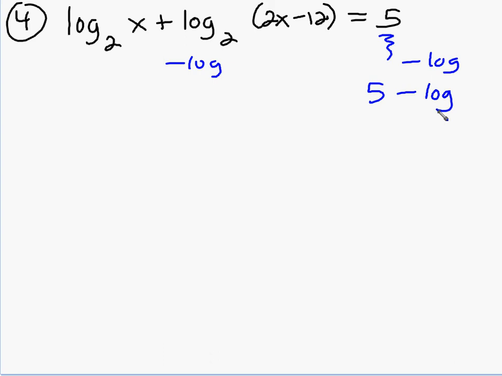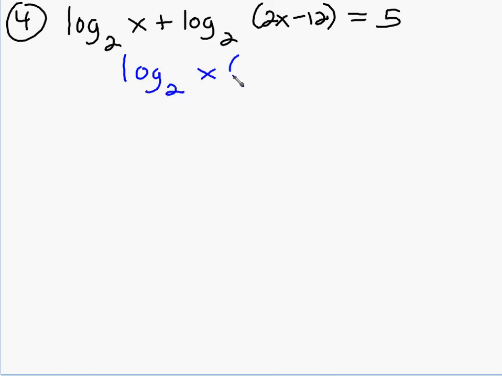So you can't do the one-to-one property on this one. All right? So you may as well just forget that method. And instead, we need to just try to condense. Log base 2 of x times 2x minus 12 equals 5.